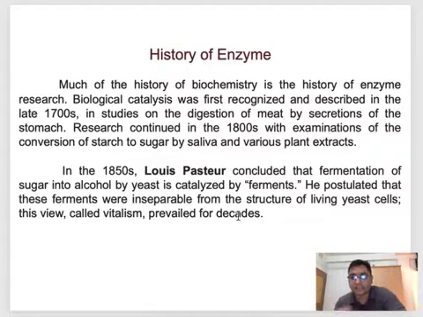Stomach secretions can digest meat. Scientists continued their research, and in the 1800s, with examinations of the conversion, researchers found that starch can be converted into sugar by saliva or using various plant extracts.